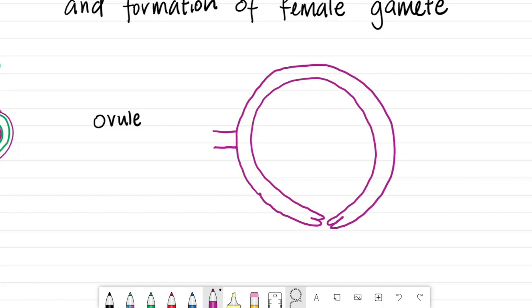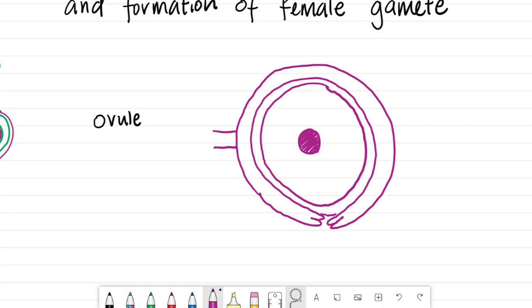Okay, so this outer part is followed by another layer in here. Okay, and in the middle is just one big nucleus.